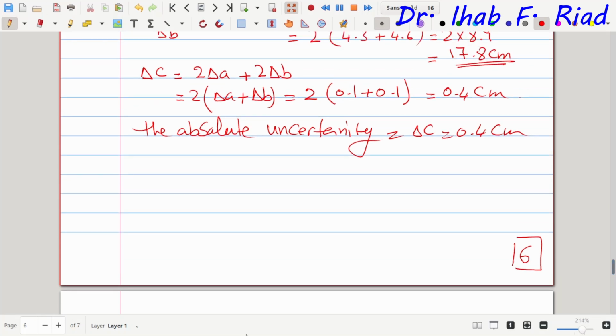What if the physical quantity was C equal to A plus 4B minus 6D?